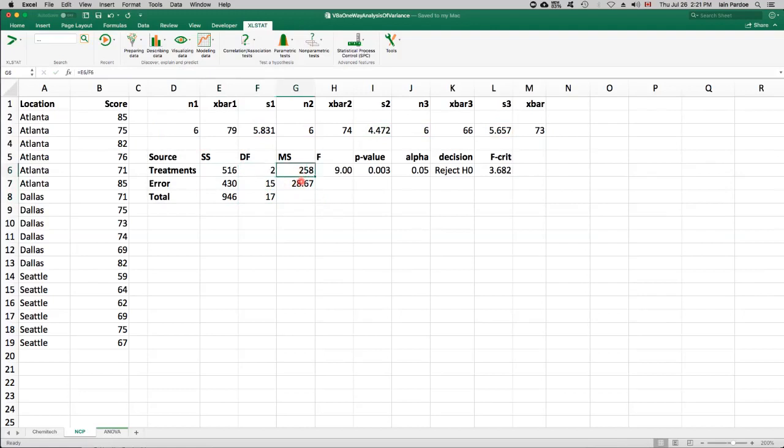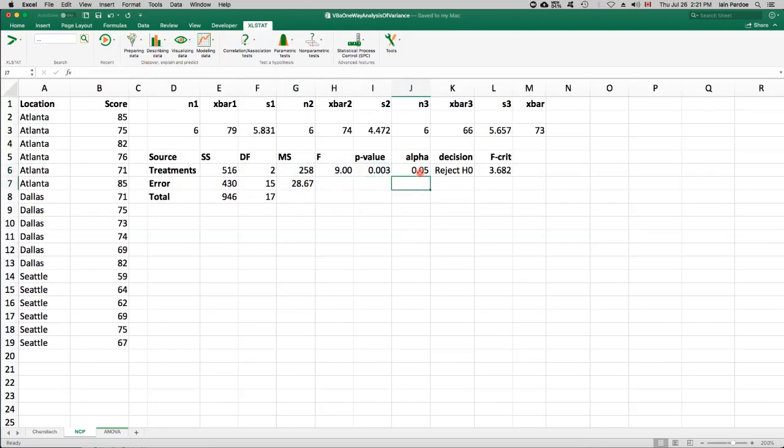Mean square for treatment is 516 divided by 2. For error, it's 430 divided by 15. And then the ratio of those two, 258 divided by 28.67 comes to 9. The F distribution with 2 numerator degrees of freedom and 15 denominator degrees of freedom has an upper tail area to the right of 9 that comes to 0.003.